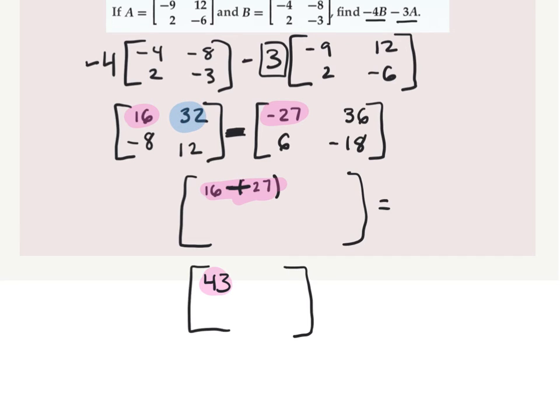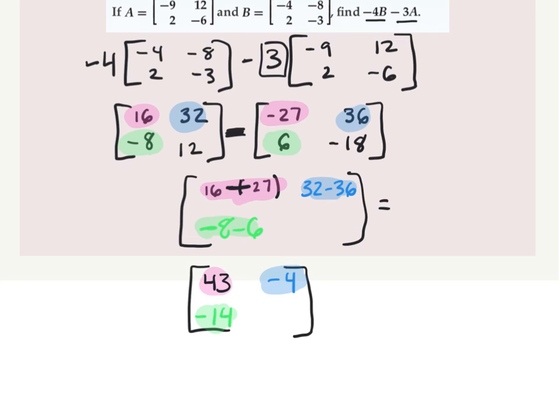Next, we have 32 minus 36. Awesome. Negative 4. What do we do next? Negative 8 minus 6.